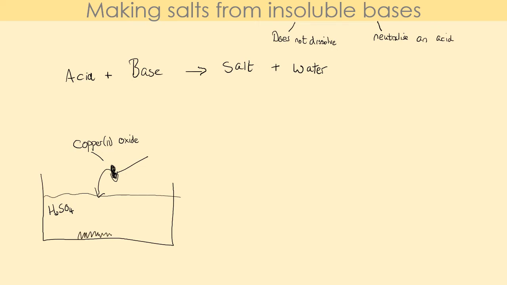We then get this black powder at the bottom. If we stir it, and we make sure we do it in a warm environment, we will start seeing that the solution will change colour and turn blue. That blue colour, or the now aqueous solution, is copper 2 sulfate.